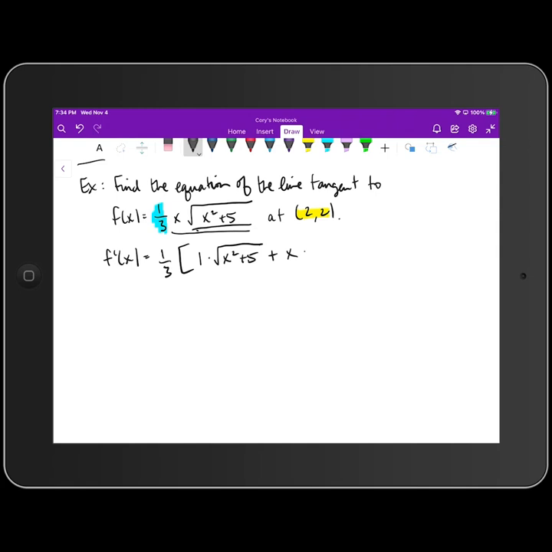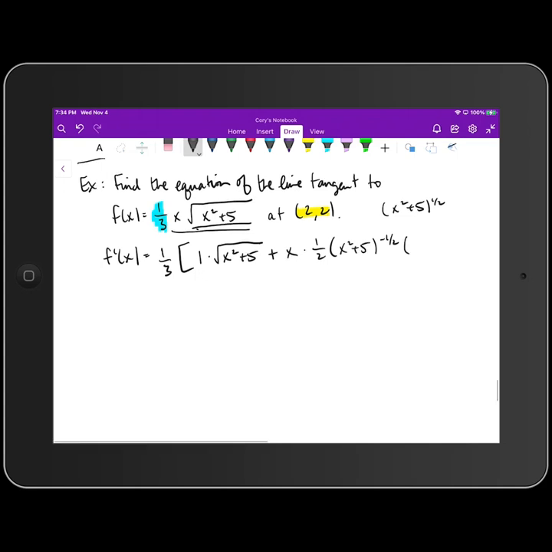So rad x squared plus 5 is x squared plus 5 to the 1/2 power. If I want to take the derivative of that, it's the derivative of the outer function. My outer function is x to the 1/2 power, whose derivative is 1/2 x to the negative 1/2 power. We evaluate that at the inner function, which is x squared plus 5, and then we multiply that by the derivative of the inner function, which is 2x.